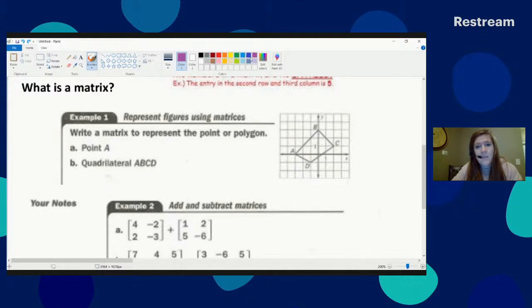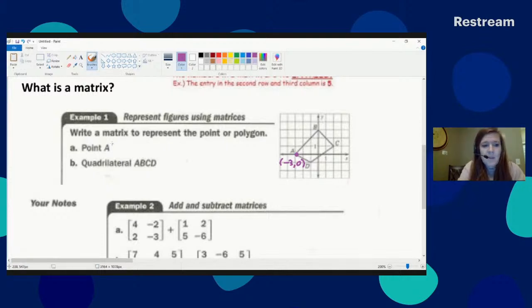If I wanted to represent point A right here as a matrix, the first thing to know is, where is point A? Point A is at -3, 0. We know how to do coordinates; we've done that for a while.